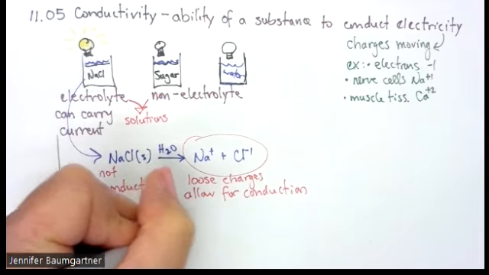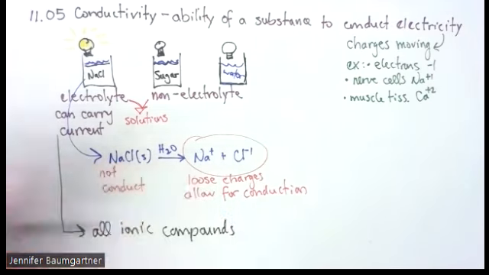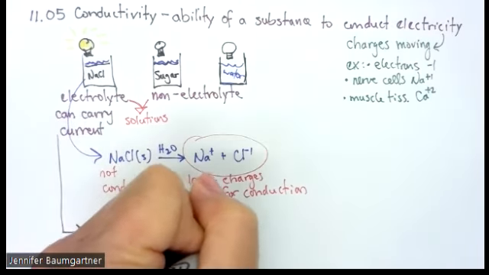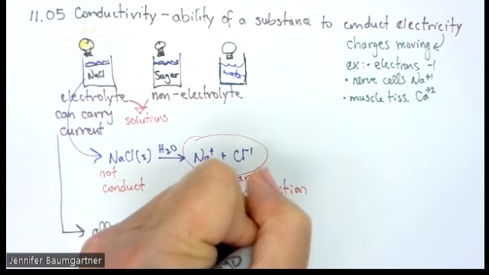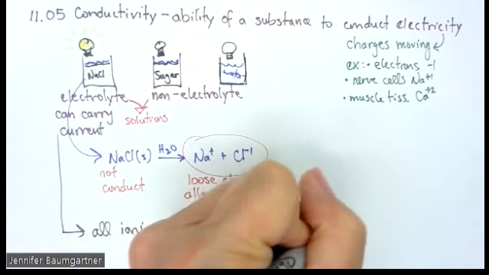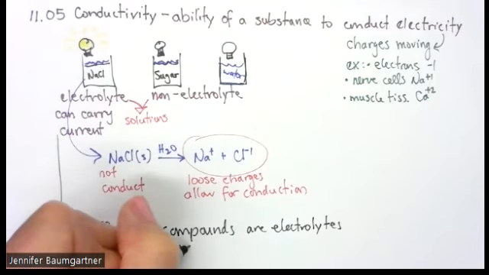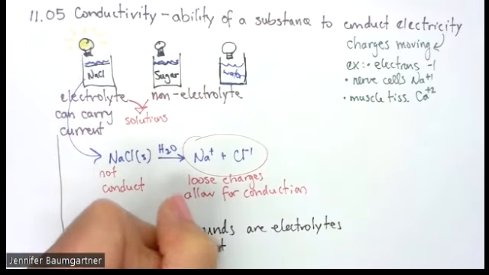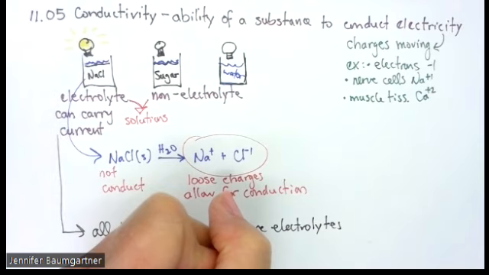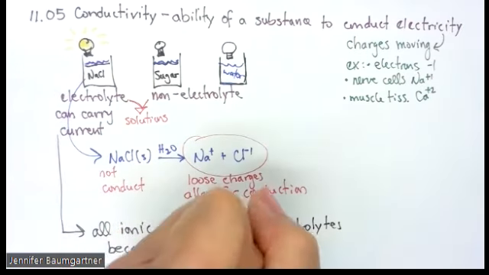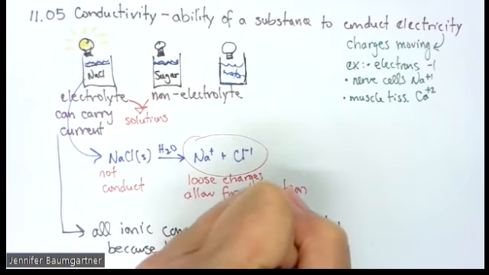All ionic compounds are electrolytes. I'm sure there's a few exceptions, but almost all, because they break into cations and anions.